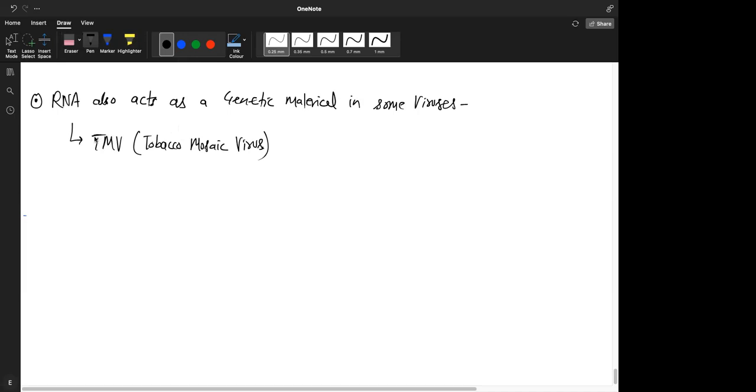Okay. And there is one type of bacteriophage which is called QB bacteriophage. So this is also a bacteriophage, but it is an RNA bacteriophage. So these two have RNA as a genetic material. Is it clear? Yes, sir.